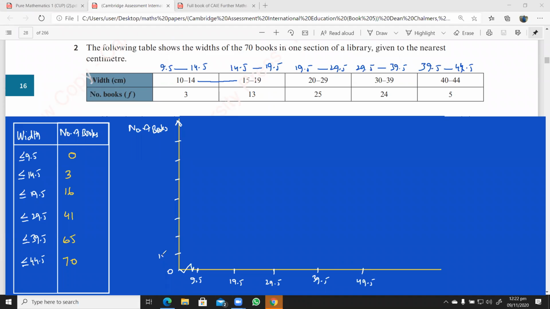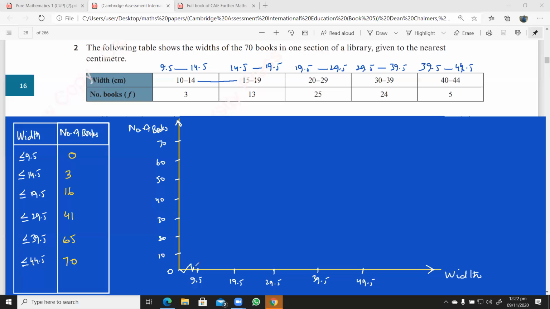Here I have 10, 20, 30, 40, 50, 60, and 70, and we're showing the widths on this. This should be fully labeled. If you leave anything unlabeled, your marks can be deducted.